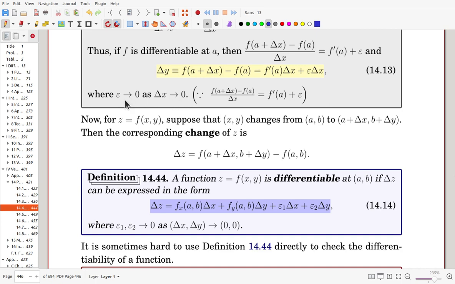In the same way, these two numbers exist, and epsilon 1 and epsilon 2 approach 0 simultaneously as delta x and delta y approach 0. Okay, that's the definition.